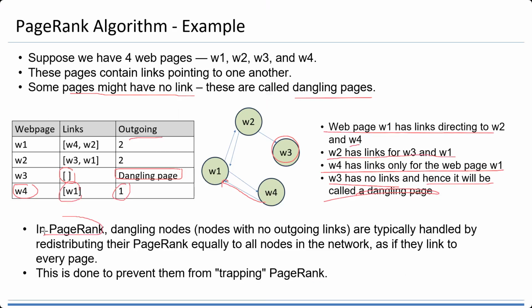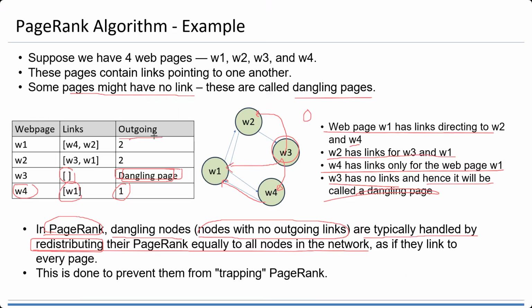In PageRank, dangling nodes, or nodes with no outgoing links, are typically handled by redistributing their PageRank equally to all nodes in the network. Redistributing means if I have no outgoing links, we assume that we can go from W3 to W2, from W3 to W1, and from W3 to W4. This is an assumption to avoid 0.